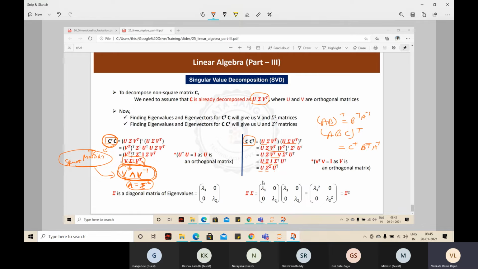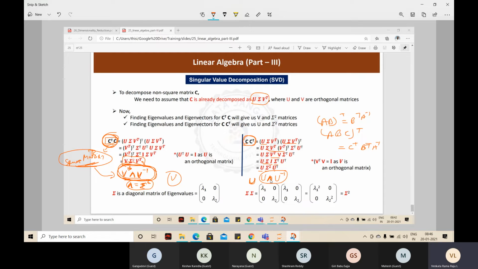U sigma V transpose. It looks to me like U lambda U inverse. If you take C transpose C, a square matrix, and apply eigenvalue decomposition, you will be able to find V. If you take CC transpose and apply eigen decomposition, you will be able to find U and sigma, lambda.